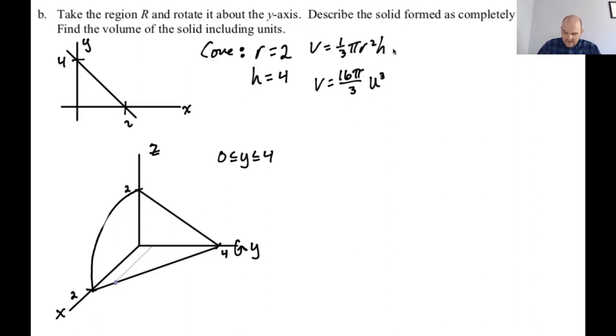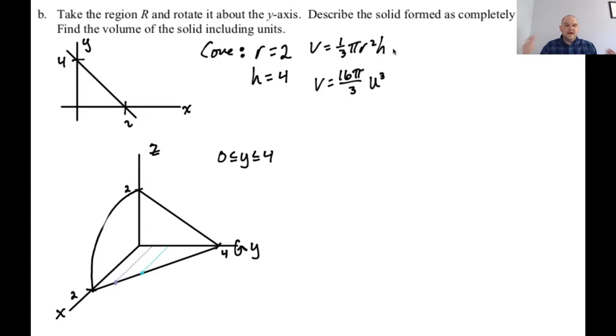And then if I do it again, go out, I'm gonna rotate that and get a circular cross section. So we're going around the y-axis, so we'll get a circular cross section there. The radius of that circular cross section is again whatever the x coordinate is of that point.